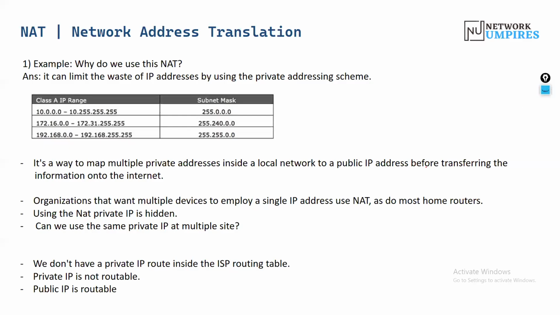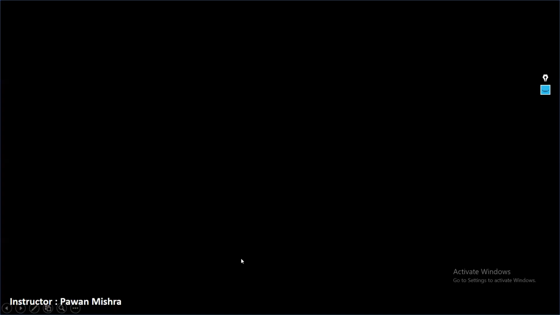See, private IP is not routable, and public IP is routable. It means we don't have a private IP route inside the ISP routing table. I will explain you these 3 lines.